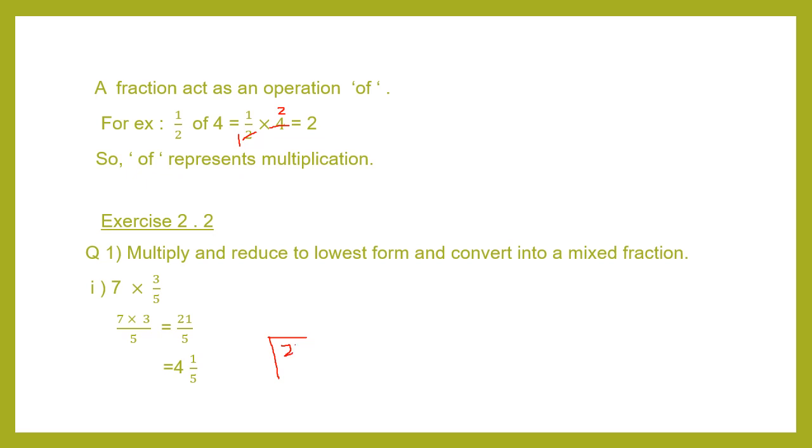So that is 21 by 5. So 5 4s are 20. 21 minus 20, that is 1. So that is 4 1 by 5.